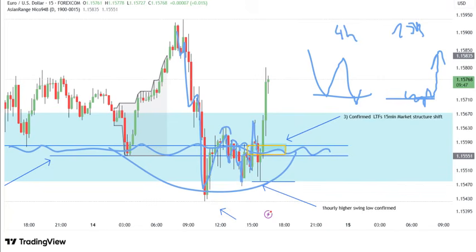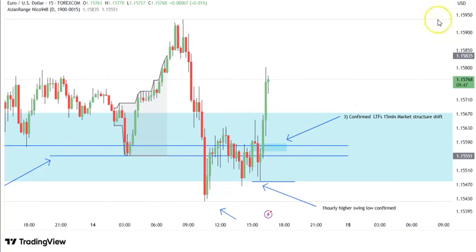Market retraced, confirmed this structure shift, and that's where we're looking for an entry. Your job, as I said before, was to just wait for the 15-minute time frame to confirm its own structure shift, to pull a trigger, and then to take this trade to the upside.